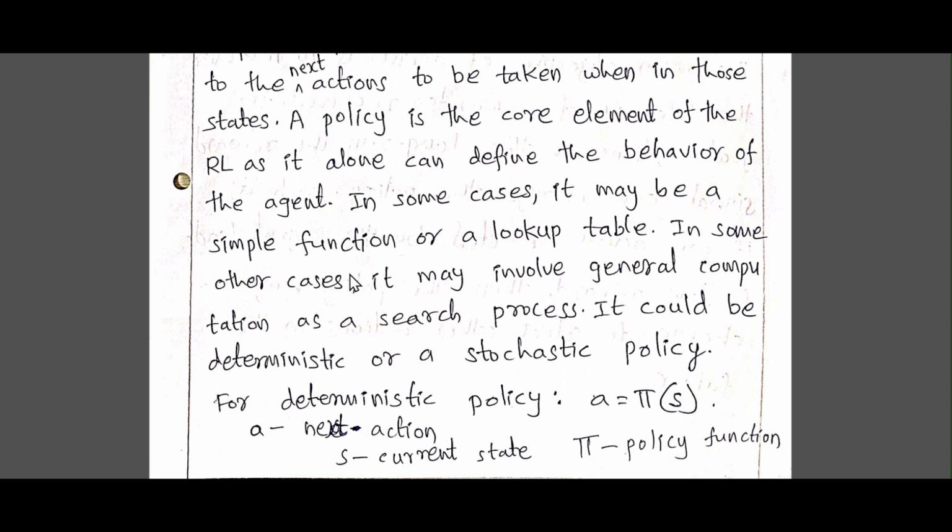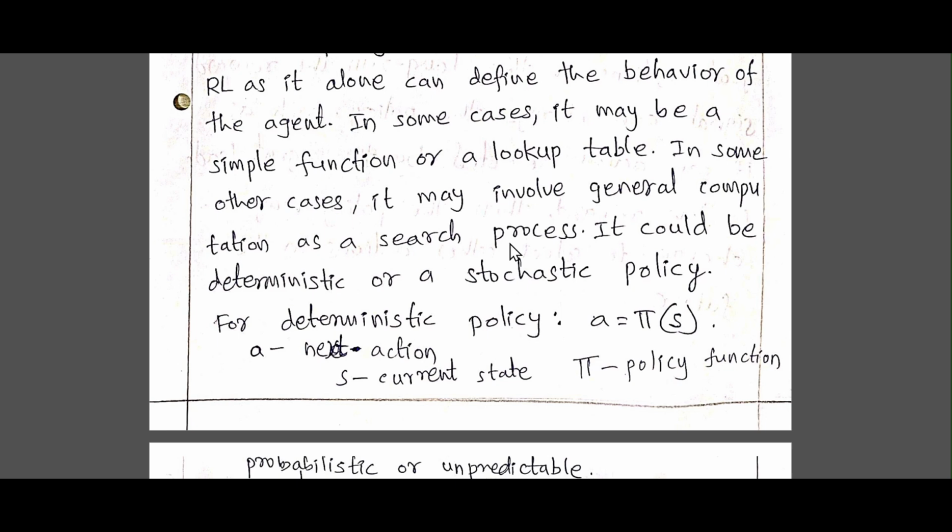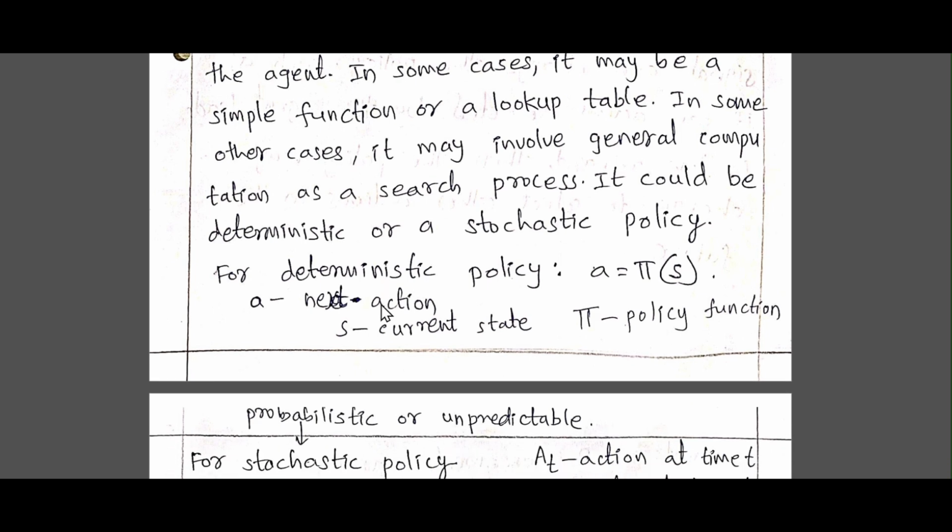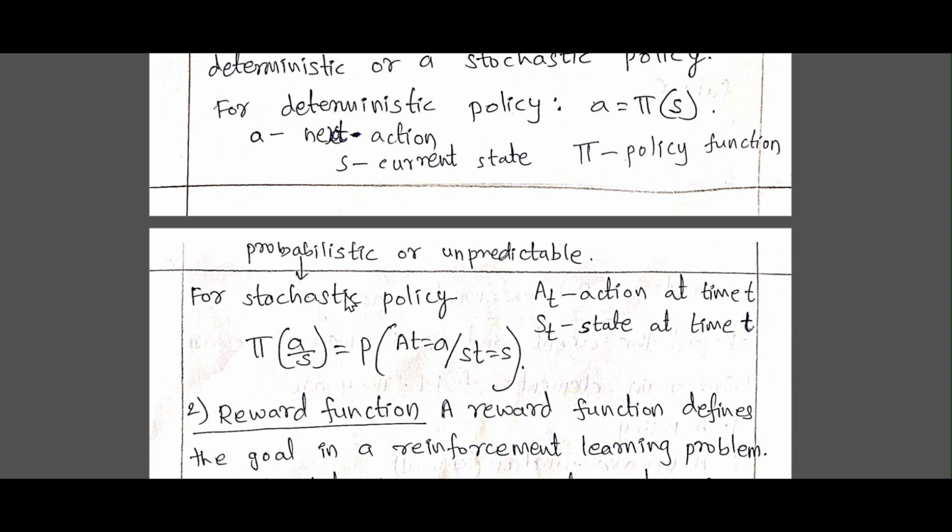In some cases, it may be a simple function or a lookup table. In other cases, it may involve general computations such as a search process, to search where to move or which action to be taken. It could be a deterministic or a stochastic policy. For a deterministic policy, action a equals pi of s, where pi means the policy function and s means the current state, and a means the next action.